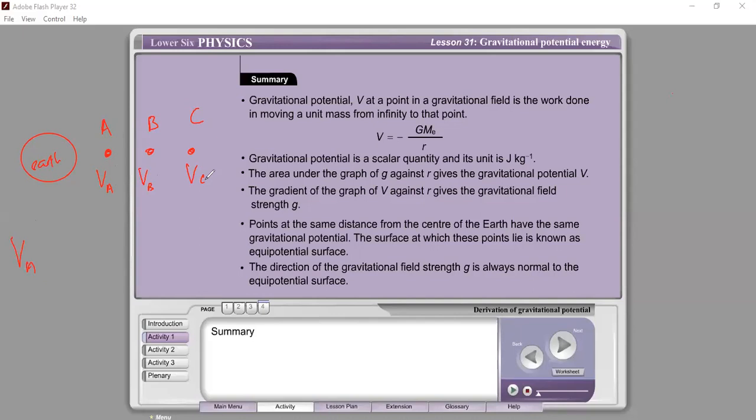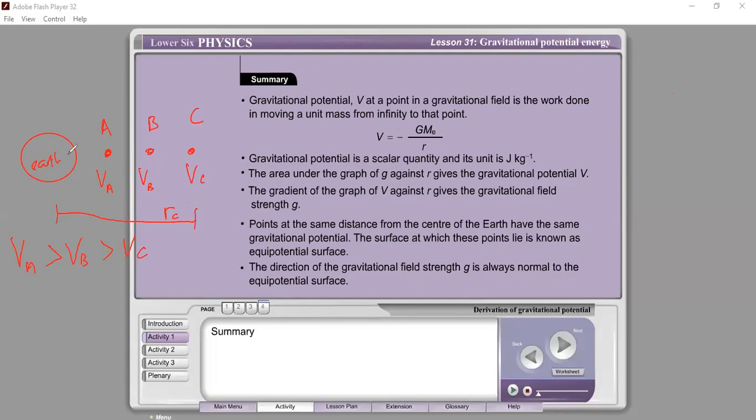VA will be greater than VB, which is greater than VC, because for VC the distance RC is longer, so VC is the smallest.